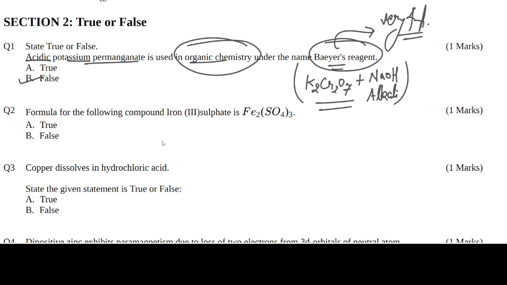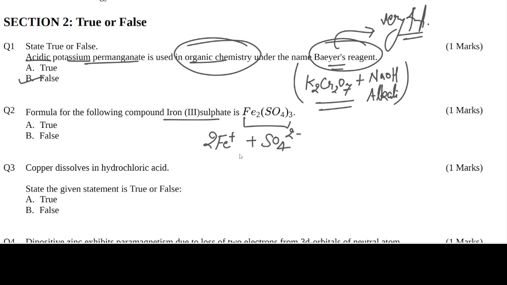Now let's see the next question, number 2. We have Fe2(SO4)3, iron(III) sulfate, and the formula is this one. If you do the ionization, you will see Fe and SO4 2-.